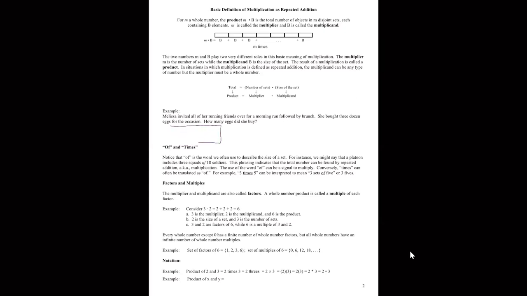All right? So they need to have that kind of background information. All right, so that would be 1 carton of eggs, at least the best I could draw it.